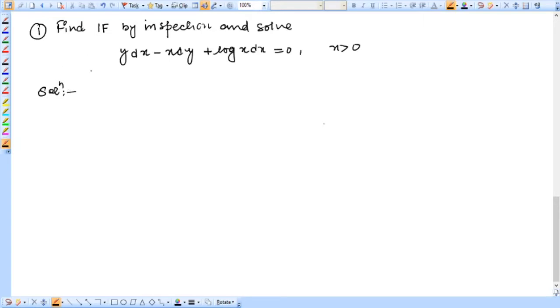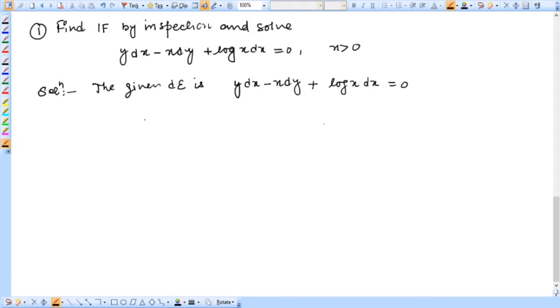Solution: the given differential equation is y dx minus x dy plus log x dx equal to 0.